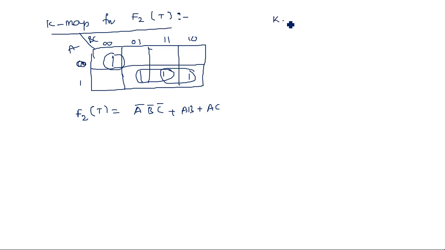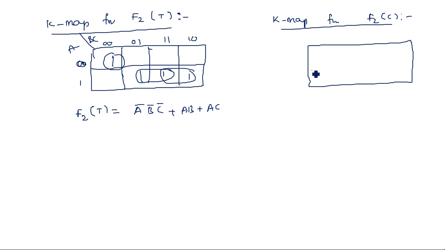And similarly, K-map for F2 complement form. A, B, C, 0, 0, 0, 1, 1, 1, 1, 0, 0, 1. Whichever are not there, fill them with zeros.